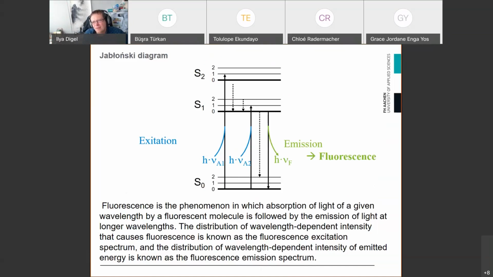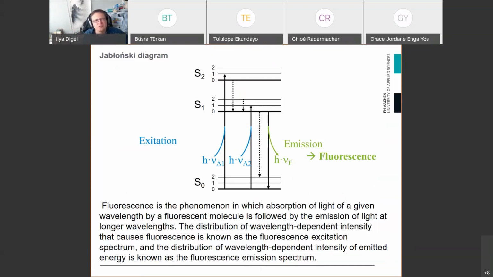A couple of nanoseconds later, usually it takes nanoseconds in scale, this additional energy will be given back by your electron, so it gets back to its initial level, and by doing so it emits light. This is what we call emission.